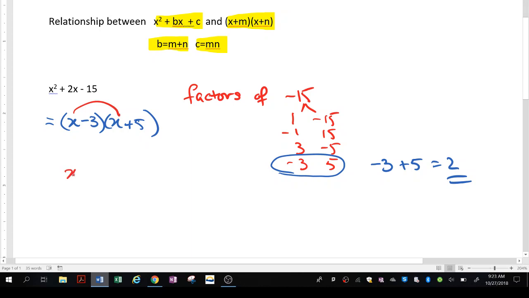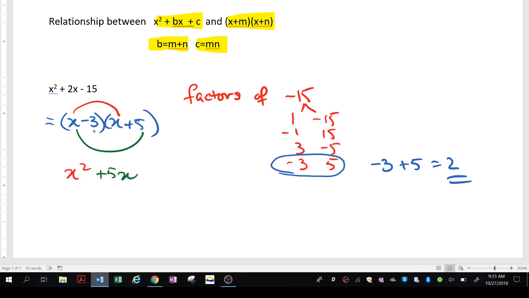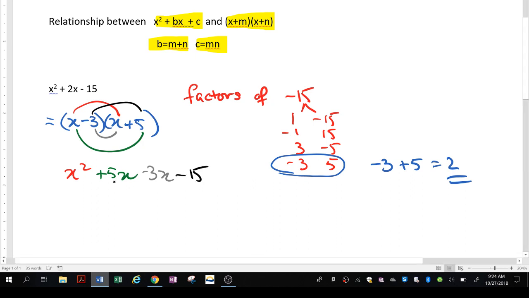That gives us x squared plus 5x minus 3x and minus 15. You'll notice if we combine our like terms, we get x squared plus 2x minus 15, which is what we started out with.